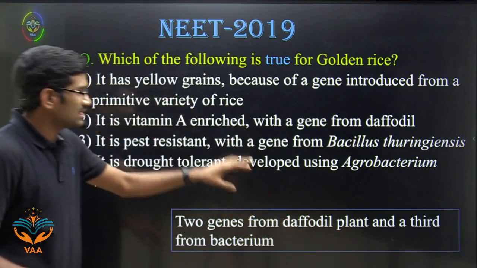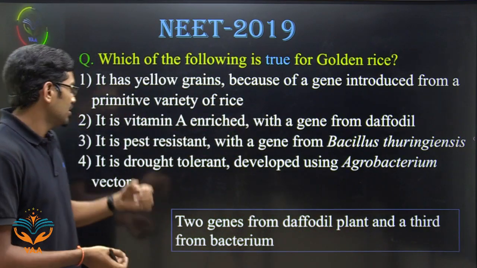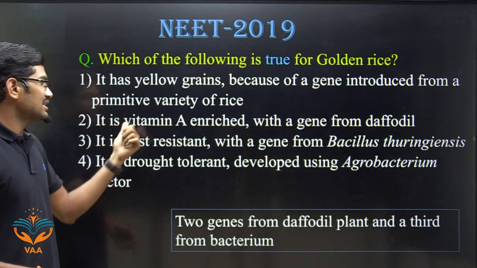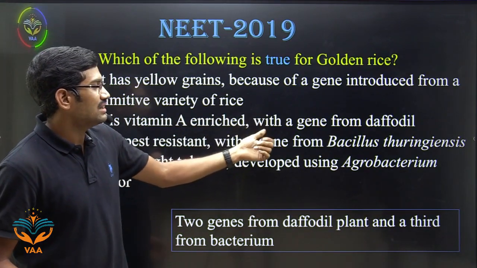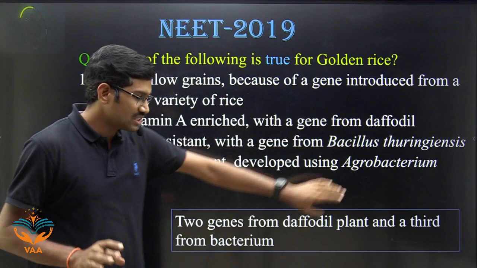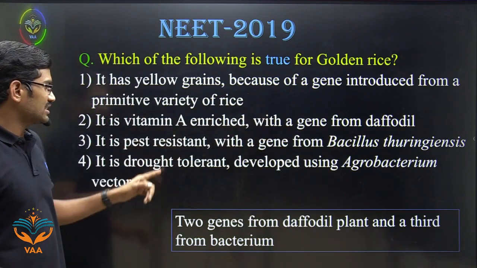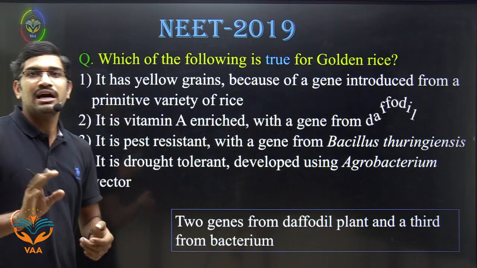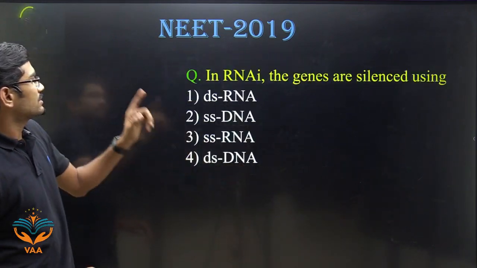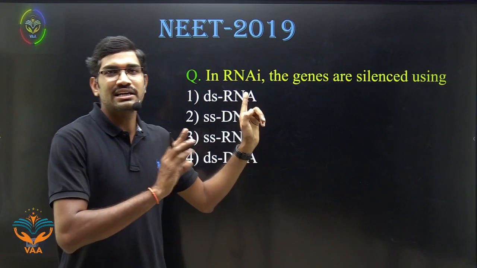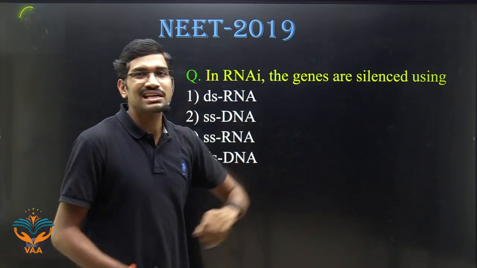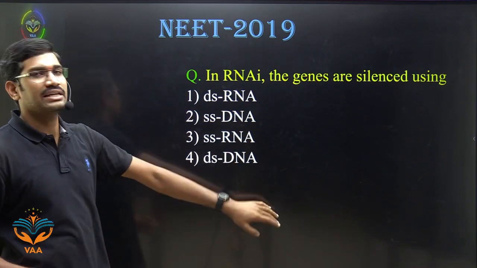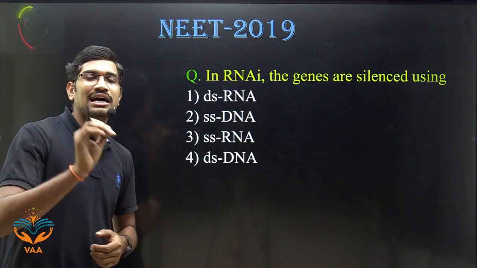With respect to this content they are actually talking here. In the second, it is vitamin A enriched with a gene from daffodil. So this is the correct one. The remaining statements are wrong. So that is the reason why the answer for this one is option 2. Clear? Next one. In RNA interference, the genes are silenced using double-stranded RNA. So that's why the answer is option 1.